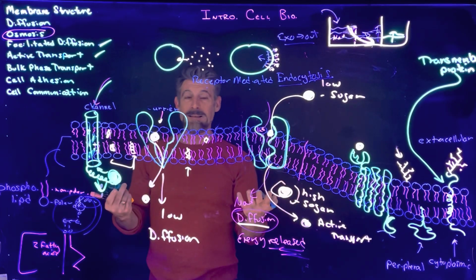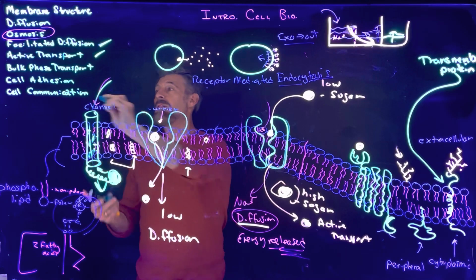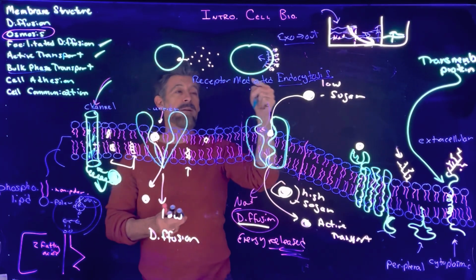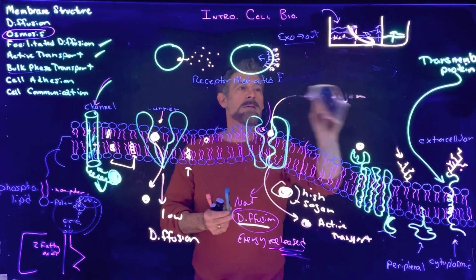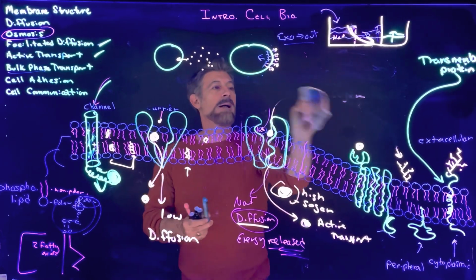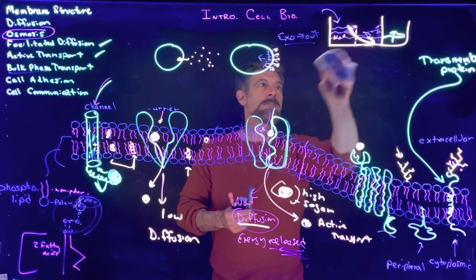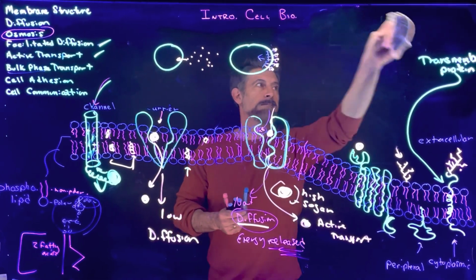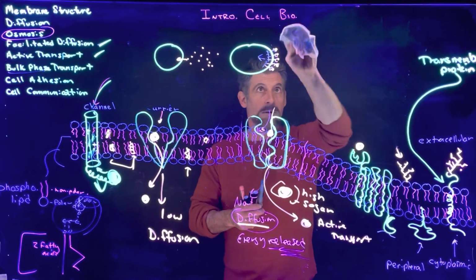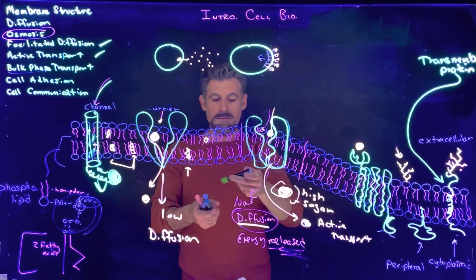It won't allow just anything to come into the cell, and it's part of bulk phase because instead of moving one of these at a time, the cell is essentially going to eat all these molecules, in a sense, by bringing them into the cytoplasm in a vesicle.